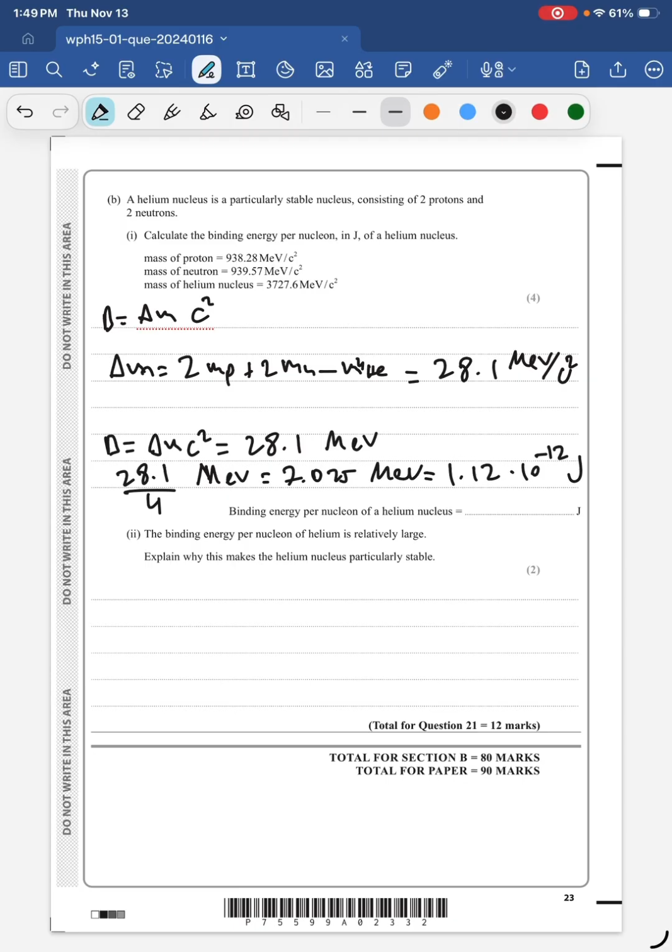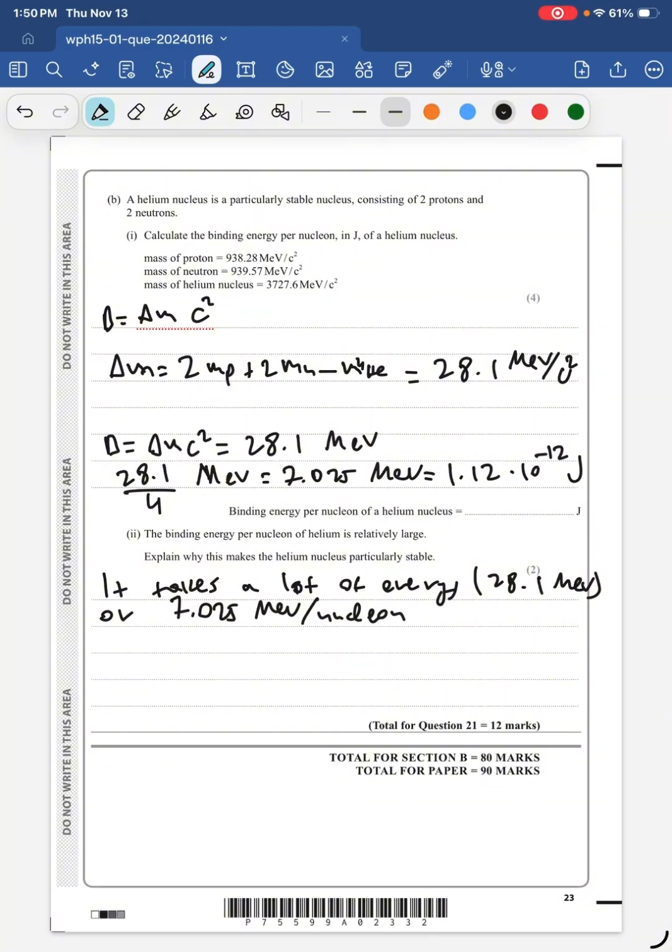Okay, last question. The binding energy per nucleon of helium is relatively large. Explain why this makes the helium nucleus particularly stable. So it takes a lot of energy, actually 28.1 MeV, or 7.025 MeV per nucleon, to break the nucleus apart.